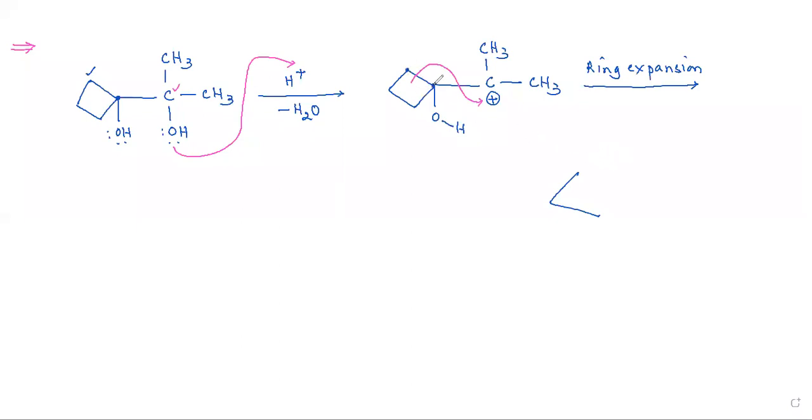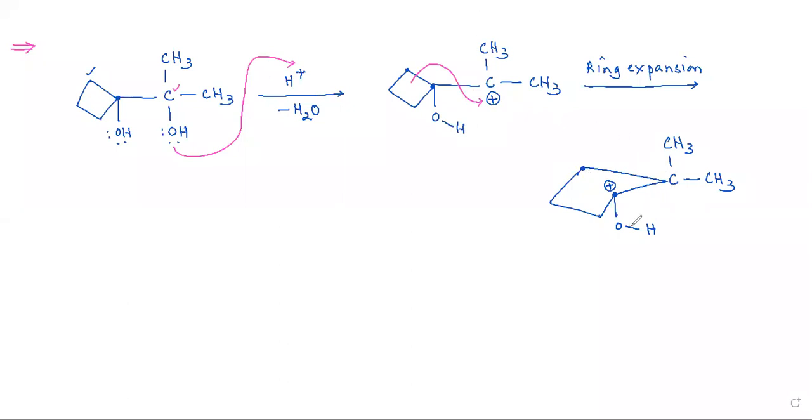Now the bond is between these two. It will now go and get connected to this carbon. Then this also. The carbon which has got two methyl groups. Now this is where we have our OH group. And no doubt this carbon has lost its bond. So a positive charge. Right?